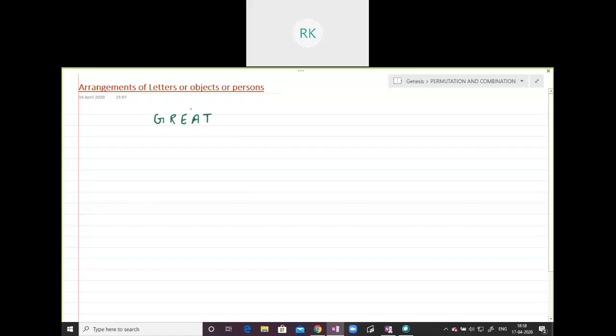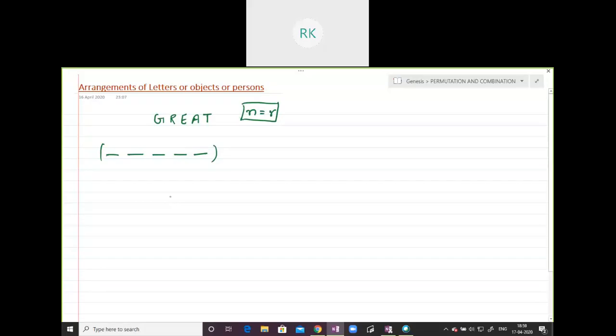How many letters are there altogether? The 5 letters altogether. Let's say I am creating 5 positions: 1, 2, 3, 4, 5. It means that the number of slots and number of elements are equal, isn't it? The 5 letters, I am creating 5 positions. Of course, non-living things, letters, right? Objects. So of course, one letter will occupy only one position.